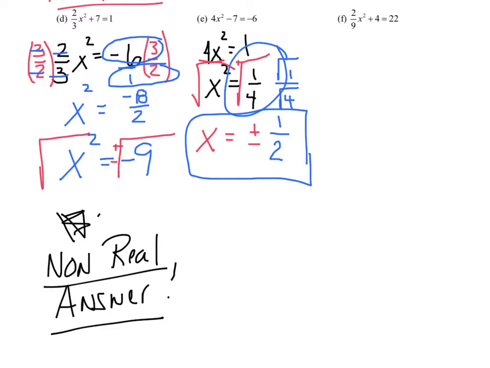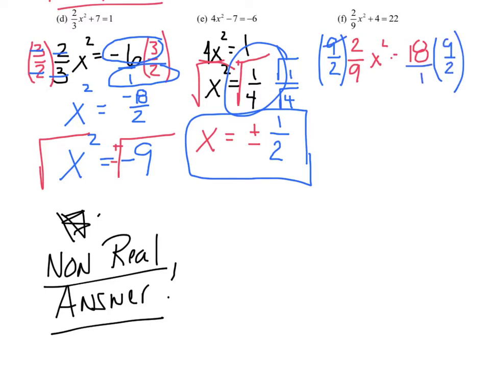All right, last one here. We're going to subtract 4, so I've got 2/9 x squared equals 18. Now, do you remember that step? How do I get rid of a 2/9? Hopefully you're saying multiply by 9 over 2. That word is reciprocal. Okay, I'm going to put that 18 over 1. 9 on top, 9 on the bottom, 2 on the bottom, 2 on the top.